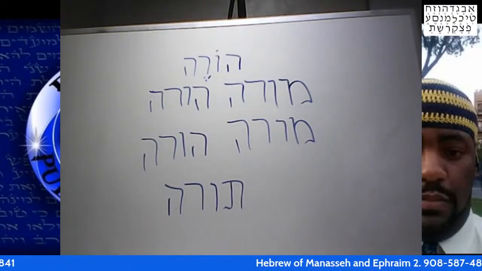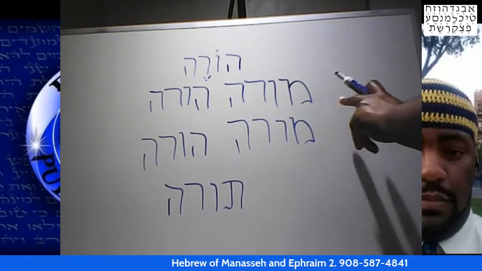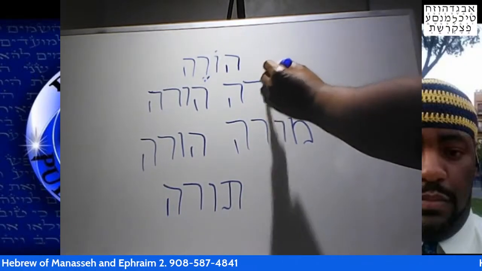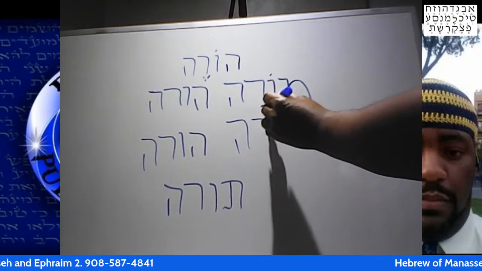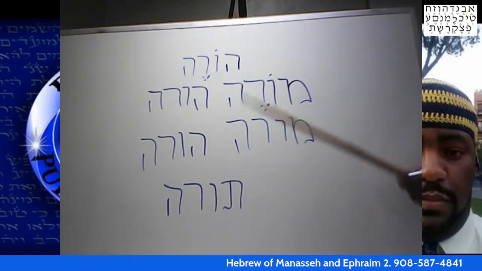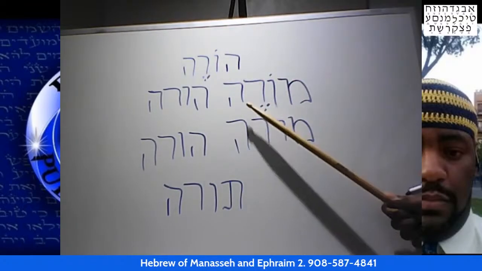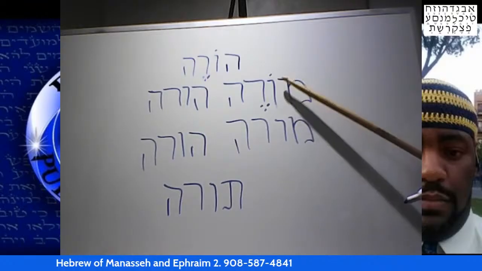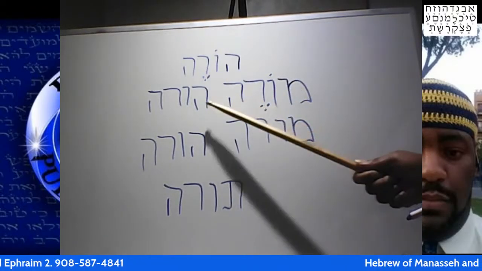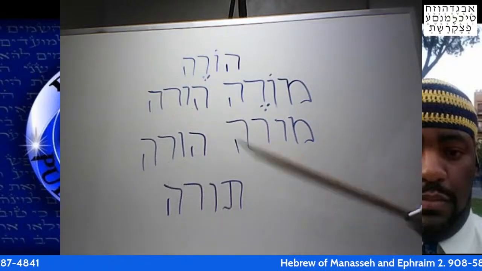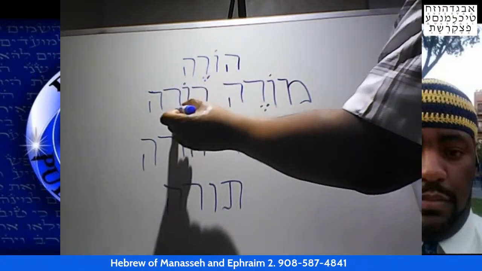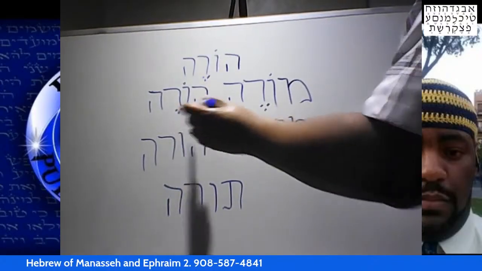Okay. So then we have this word here, moreh. The word moreh means teacher. So what do we see so far? The verb and then the noun with the prefix of it with the mem there. This is a male teacher. Then we have this word here, and we can say it also as hore.